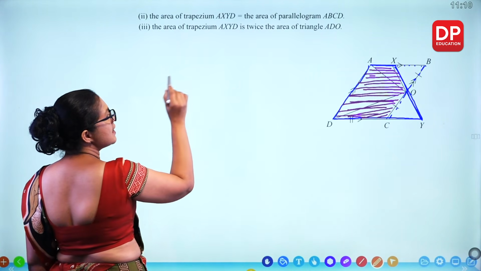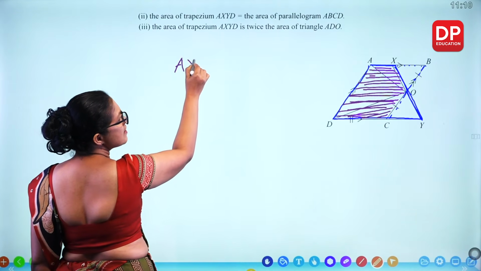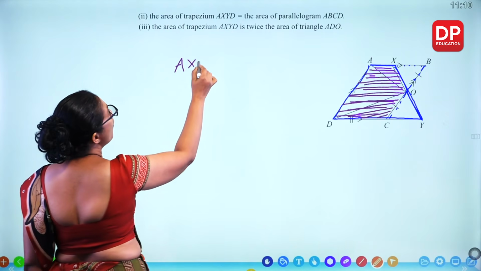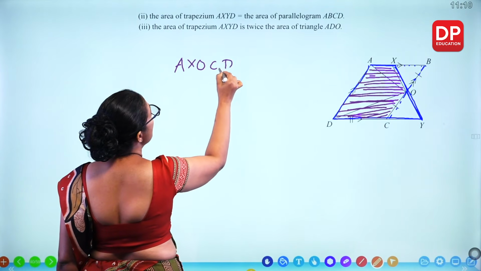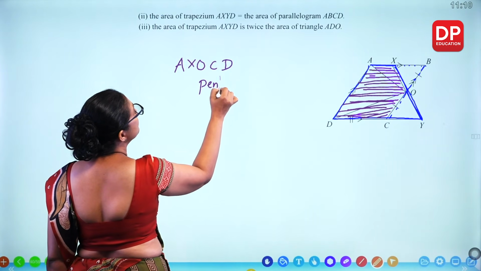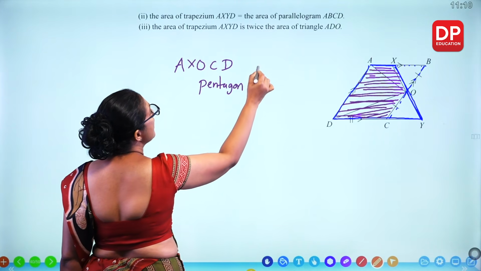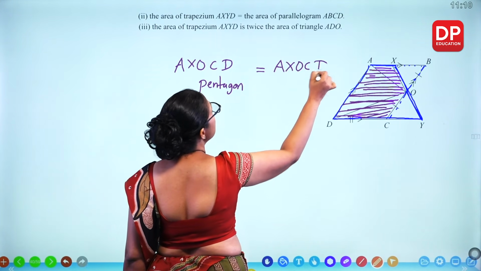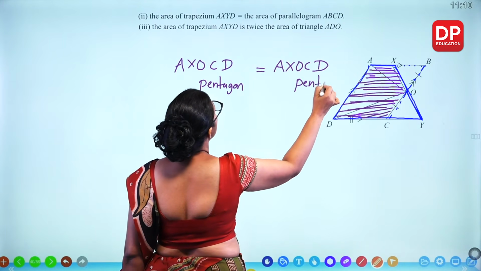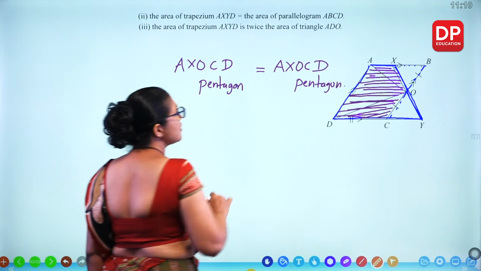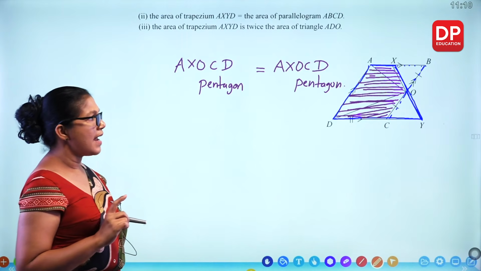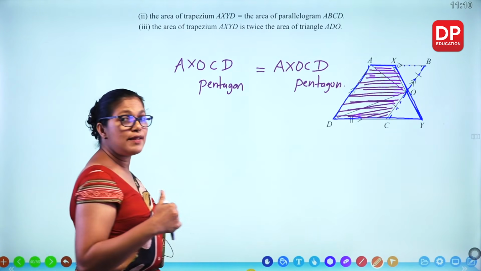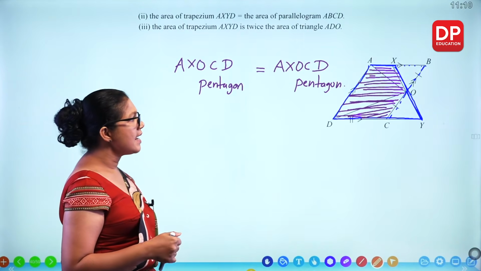We'll take the pentagon AXOCD. Area is same as AXOCD pentagon. That's the same thing. What I'm trying to do, I want to add these two triangles. We found in the first part, the areas are equal.